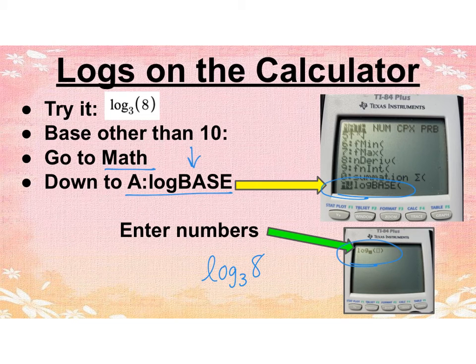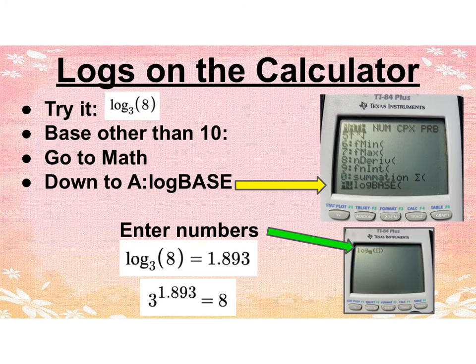We're trying to solve what this log is, so it equals x. If I think about my exponent form, I have 3 to the x equals 8, and that's the same problem we keep coming back to. We said earlier we know our answer is going to be less than 2 because 3 squared would be 9. So when you do it on your calculator, you get 1.893. And if you test it, 3 to the 1.893 is just about 8.